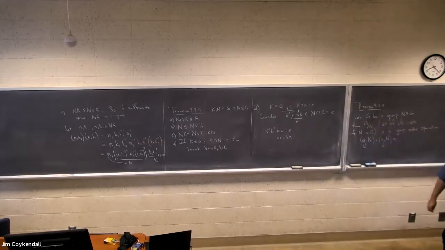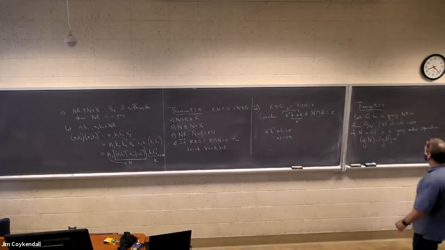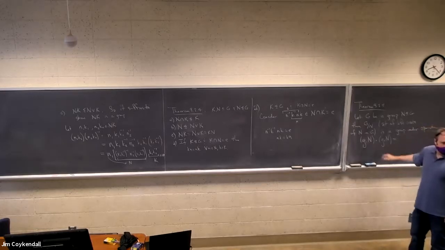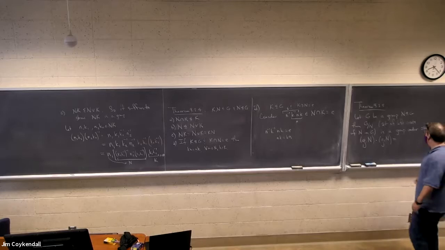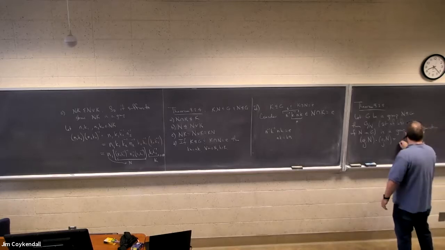Now, I don't know much, but if I'm gonna have a group, it's gotta be closed under the operation. So input two cosets, this has to barf out a new coset.